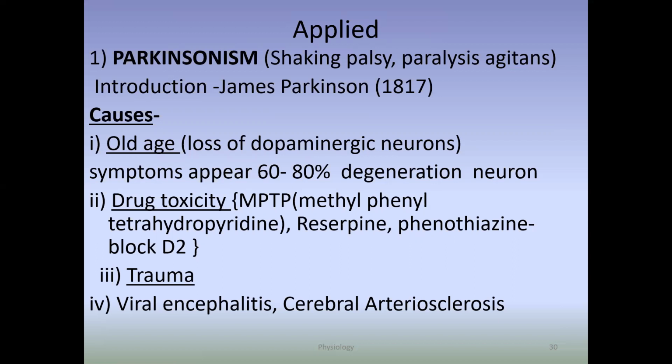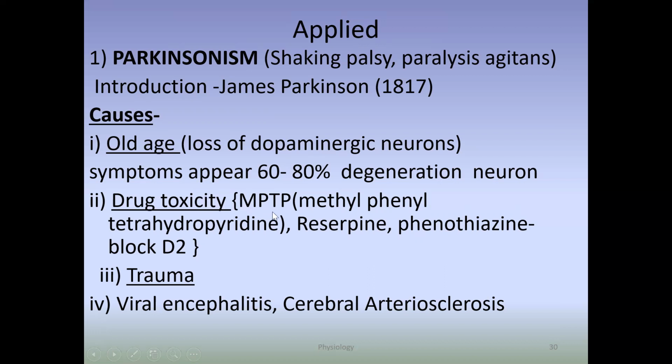Causes: as the age advances, there is a loss of dopaminergic neurons. Mainly after the age of 60 years, when 60 to 80% of the dopaminergic neurons of the substantia nigra degenerate, at that time the symptoms arise. Second cause is drug toxicity.